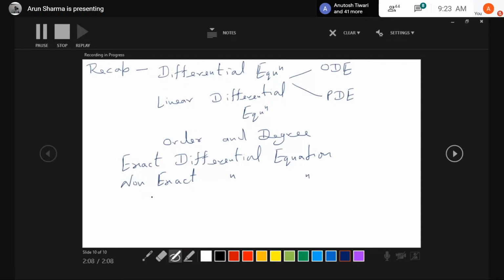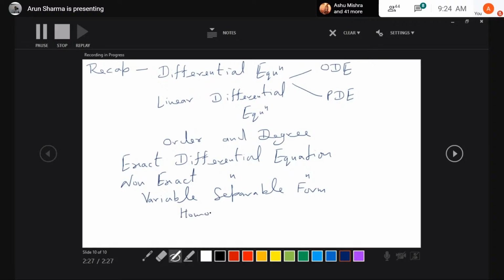In non-exact differential equation, we have taken variable separable form. So we make it exact by separating variables. And then homogeneous.